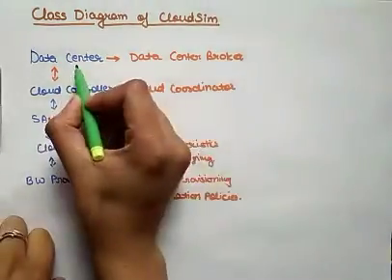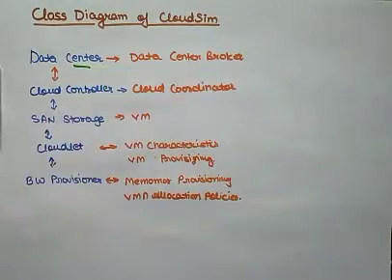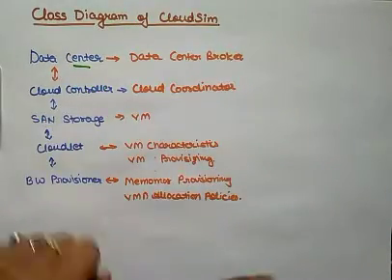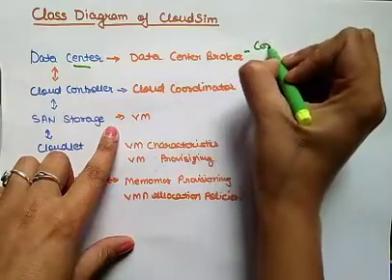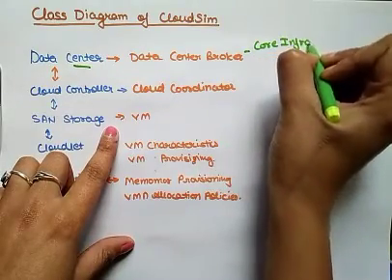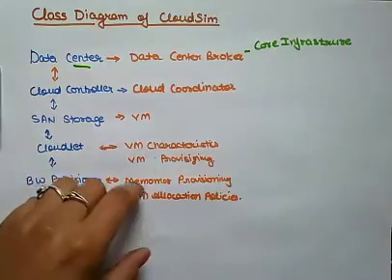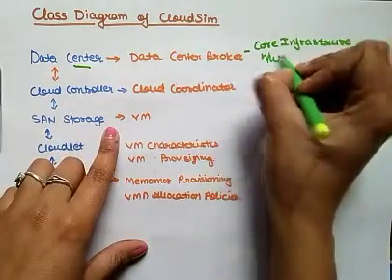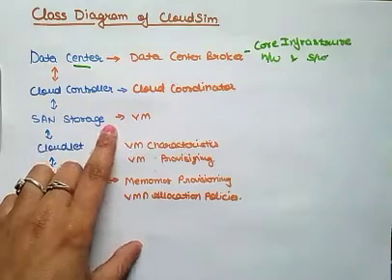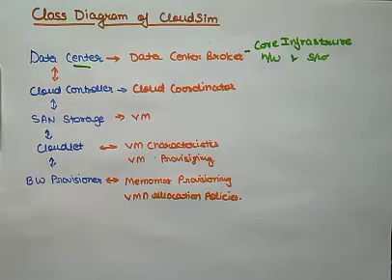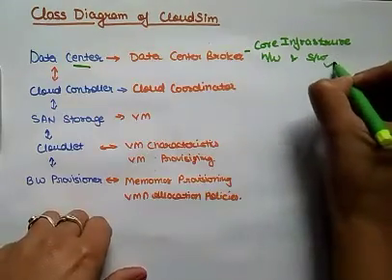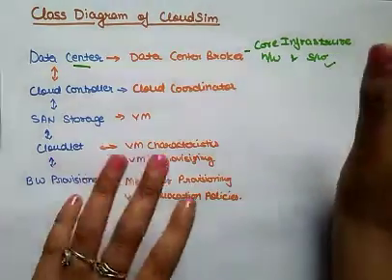The first class we have is data center. Data center provides core infrastructure services like hardware and software offered by resource providers, or we can say it provides hardware and software services provided by cloud service providers.